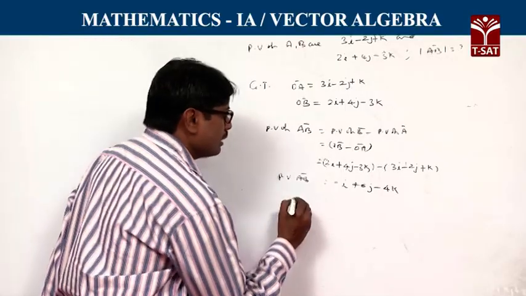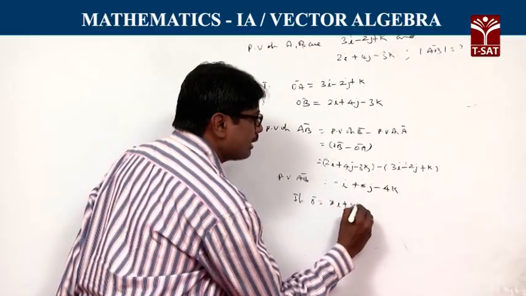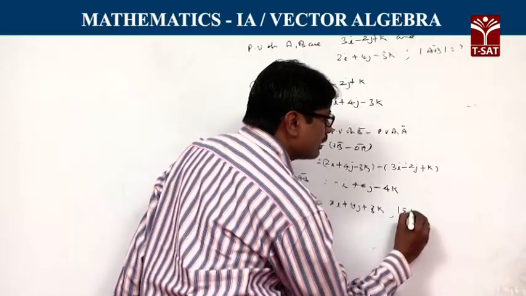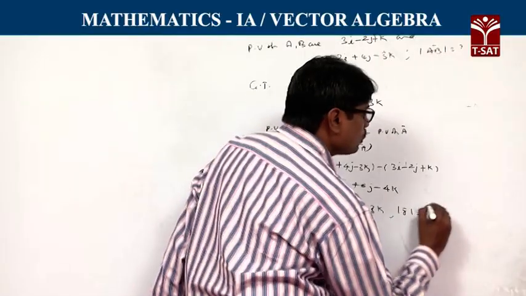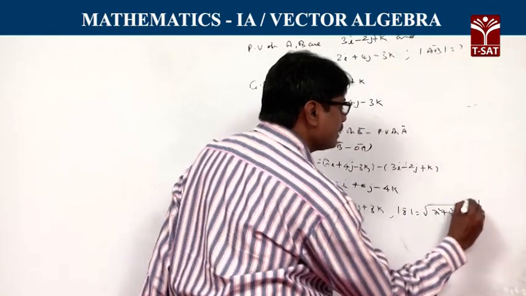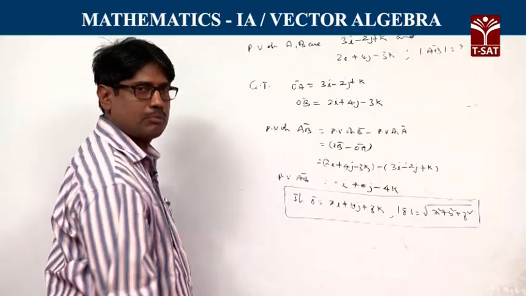Just now I told you, if R bar is equal to x times i bar plus y times j bar plus z times k bar, mod of R bar, its length, is equal to root over x square plus y square plus z square. Apply this formula to the length of the above vector, modulus of AB bar.